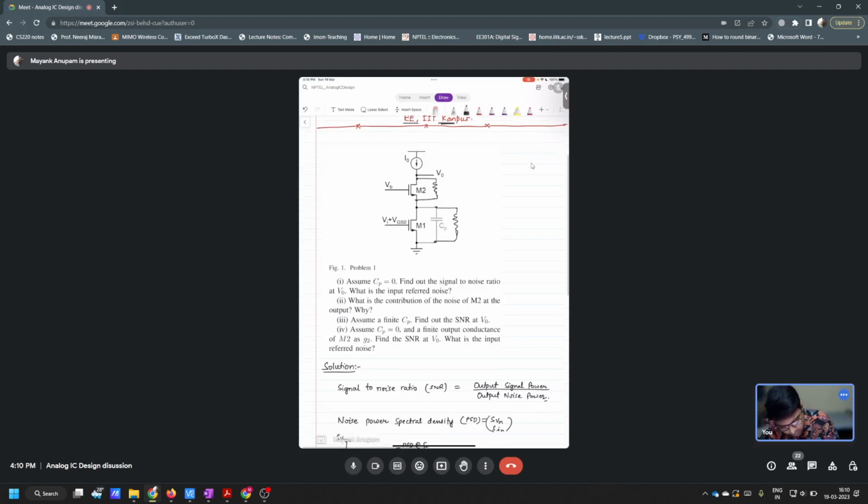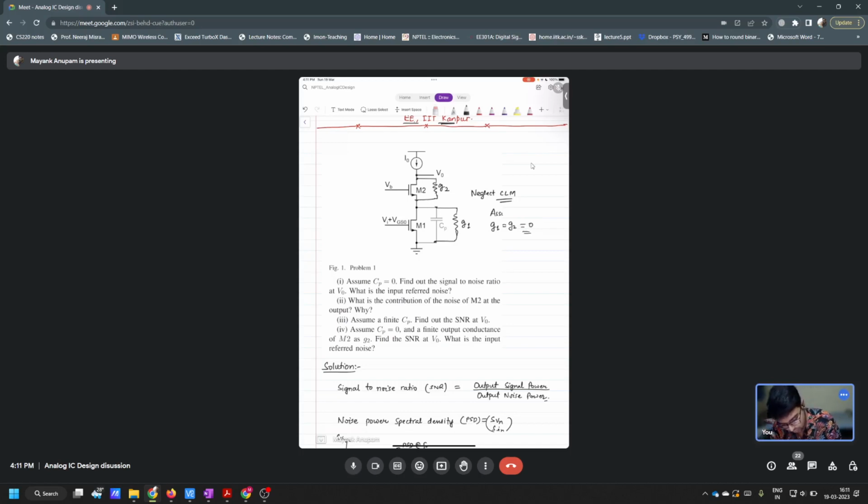Basically you can neglect channel length modulation here, neglect CLM. So this is G2 and this is G1, we can assume G1 is equal to G2 and they both are equal to 0.